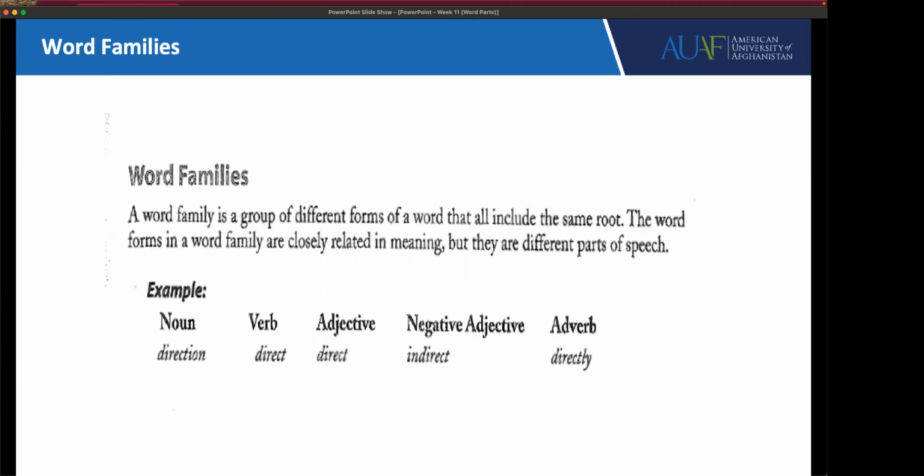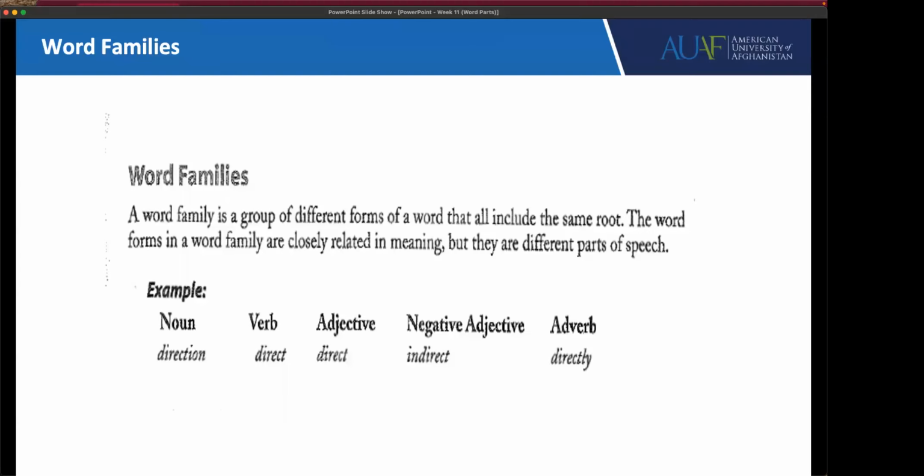Okay. Let's look at word families now. Who would like to read? Go ahead. I'm trying to find somebody who's not been reading. Marcel, go ahead. A word family is a group of different forms of a word that all include the same root.